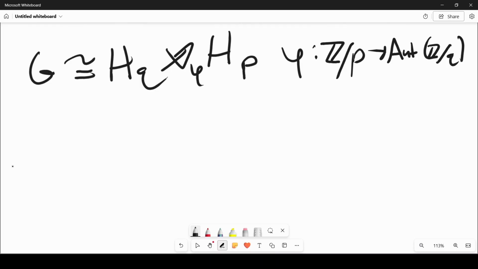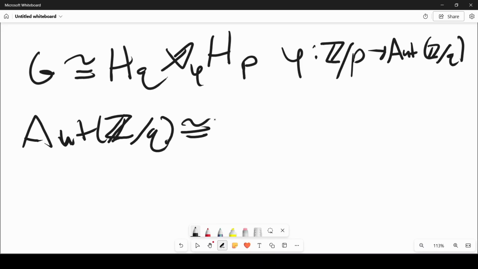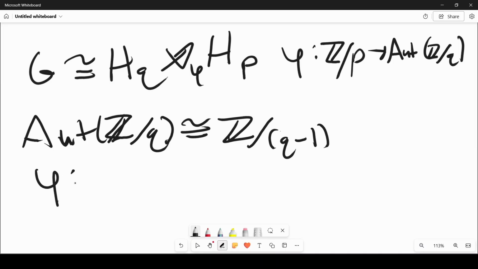I don't think I've proven this to you, but you should try to convince yourself of it or try to prove it yourself, which is that the automorphism group of Z mod Q when Q is a prime is isomorphic to Z mod Q minus 1. Okay. Which means that varphi is now a map from Z mod P to Z mod Q minus 1.